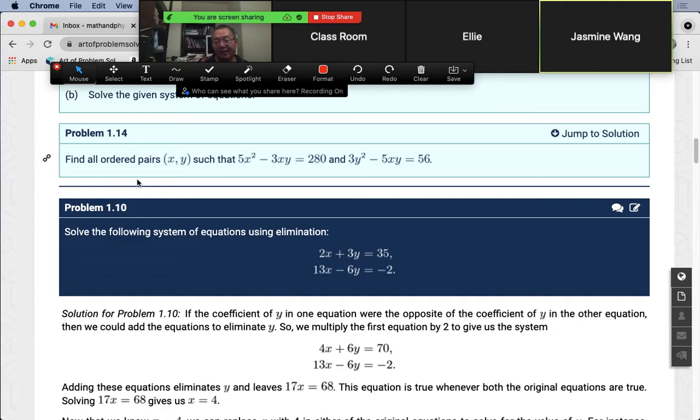So here, we still have x, y, two variables, right? And also, this is not a linear equation because the power of x and the power of y are order 2, right? So then you need to think how you can cancel out one variable.